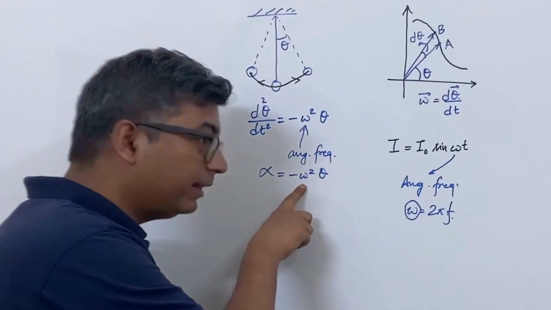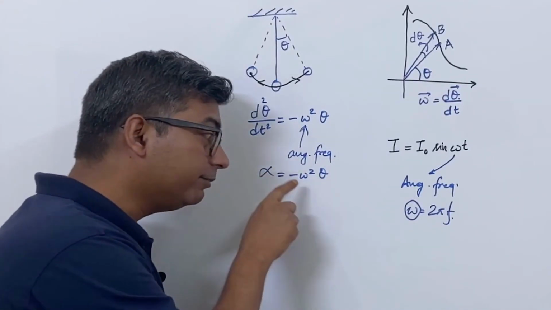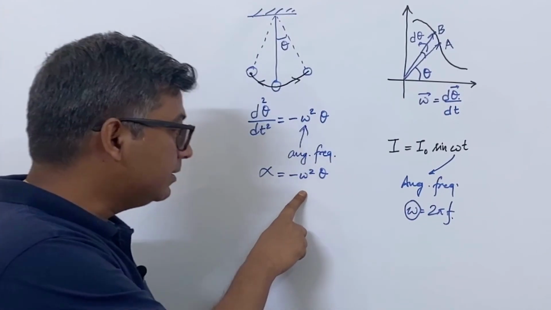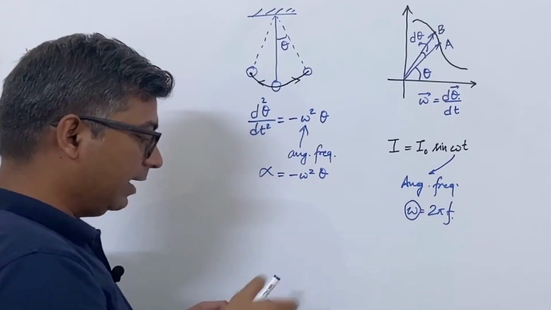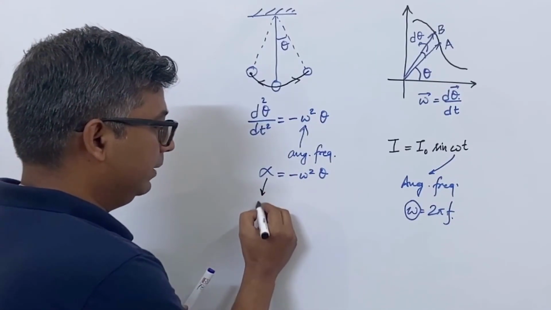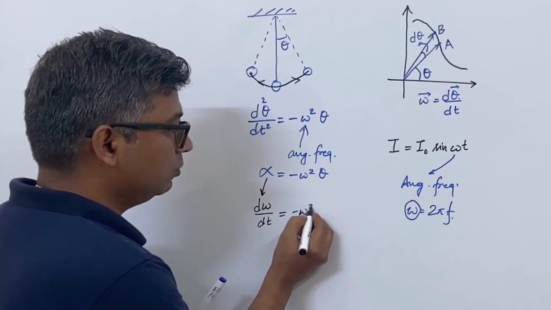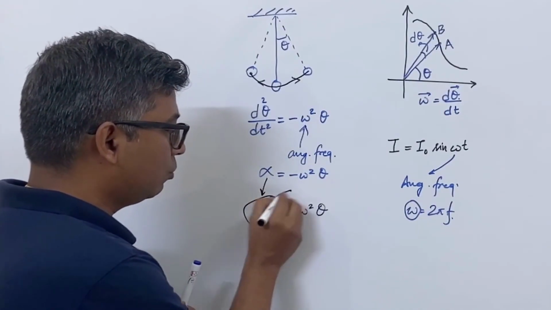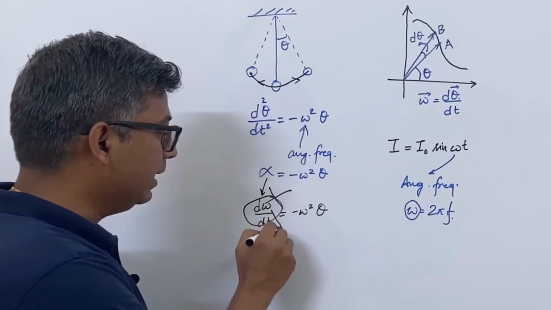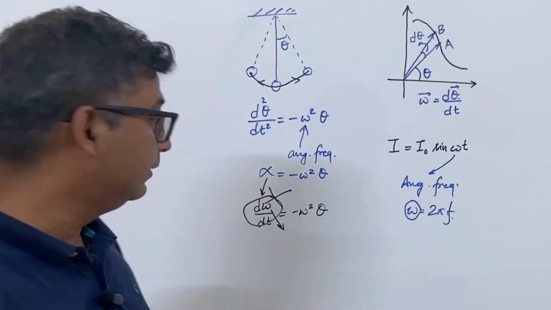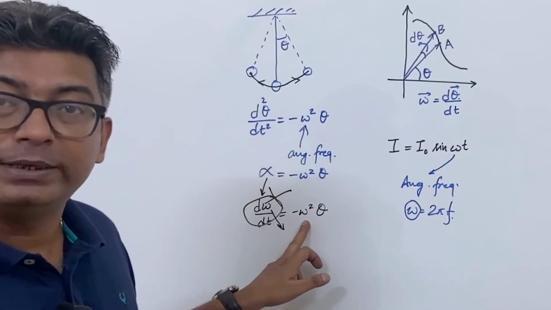But this is not that angular velocity, it is angular frequency. That means if you say this alpha as, for example, d omega by dt equal to minus omega square theta, this is wrong. This omega is angular velocity and this omega is angular frequency.